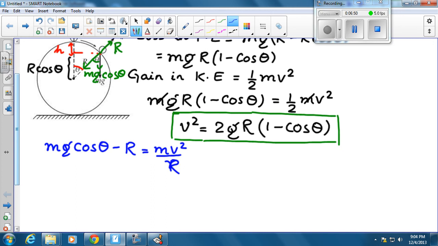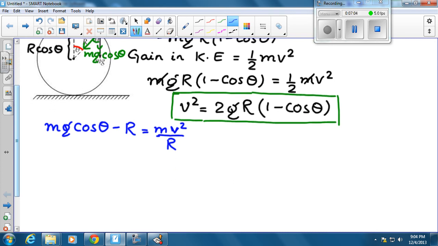I would take the capital R here, because we have taken this as the capital R, to make sure that there is uniformity. So mv squared over R. Now at that particular point, the reaction R becomes 0.